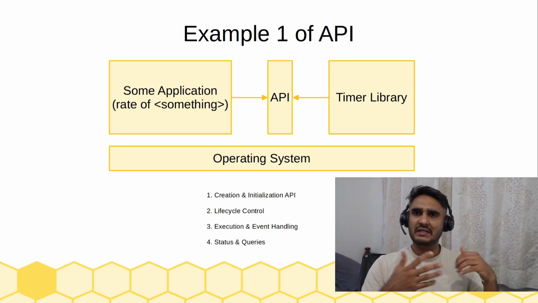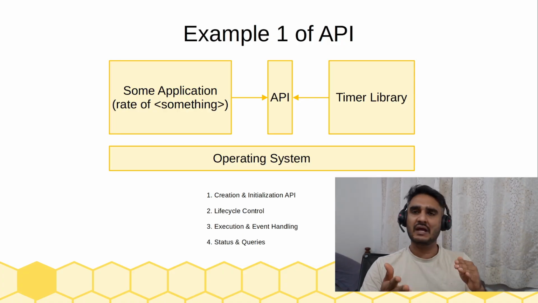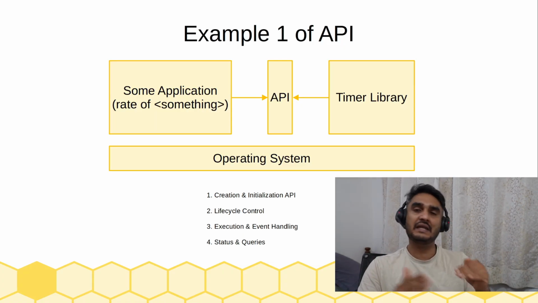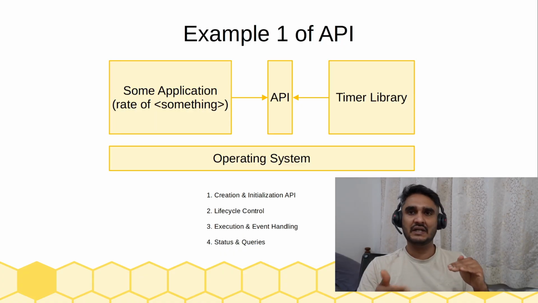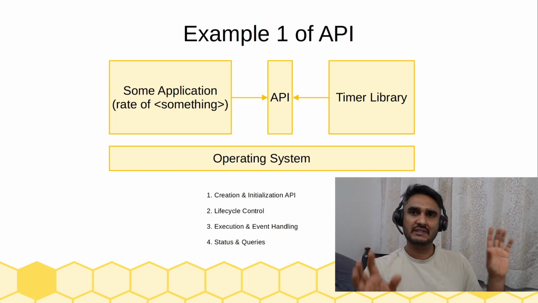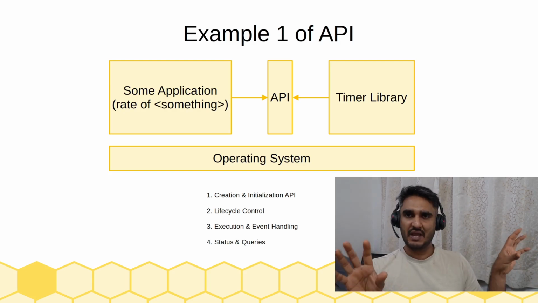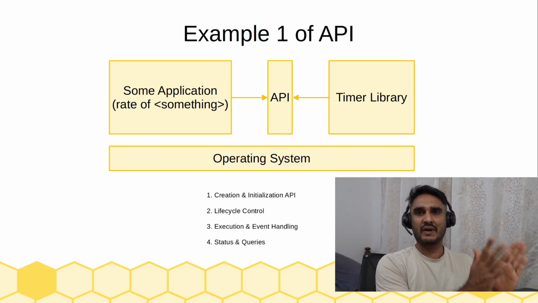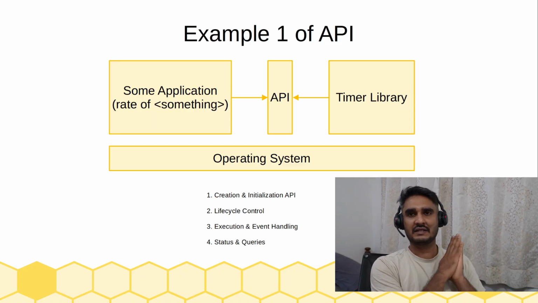So in any application, wherever a rate of change or a rate measurement is needed, a timer library is required. And there will be a contract between this library and the application which is using it. That is exactly what an API provides us. It is a contract, right?